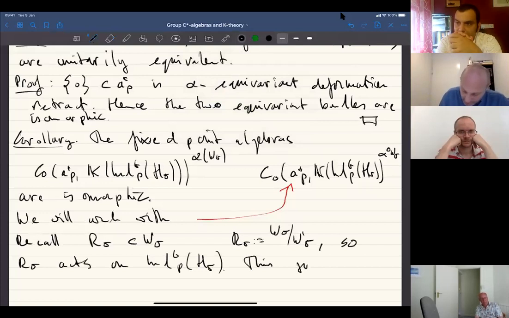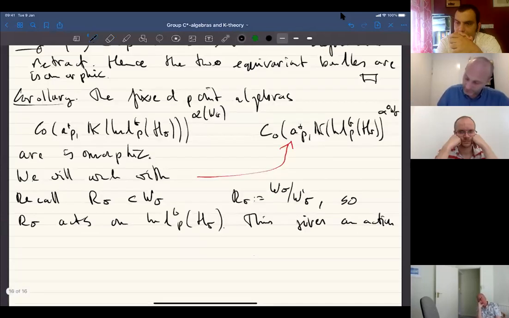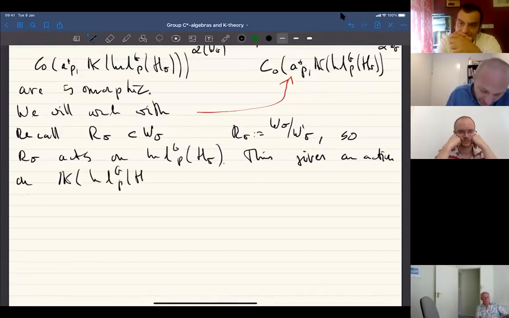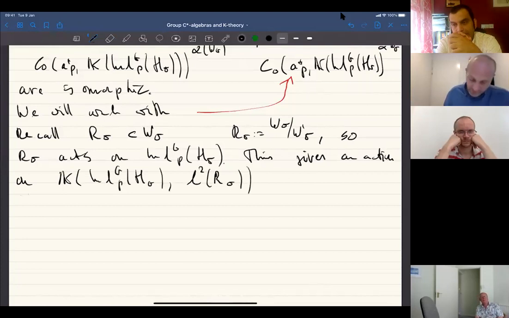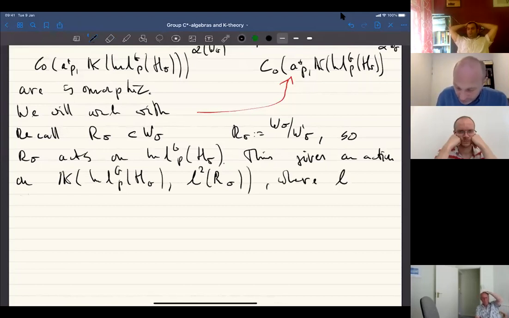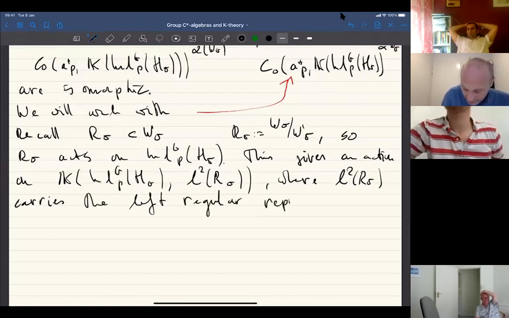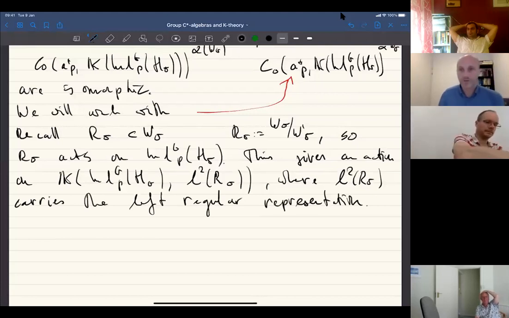This gives us an action, as Peter described, on the space of compact operators from the representation space into the little L2 of this finite group, which of course carries the left regular representation.